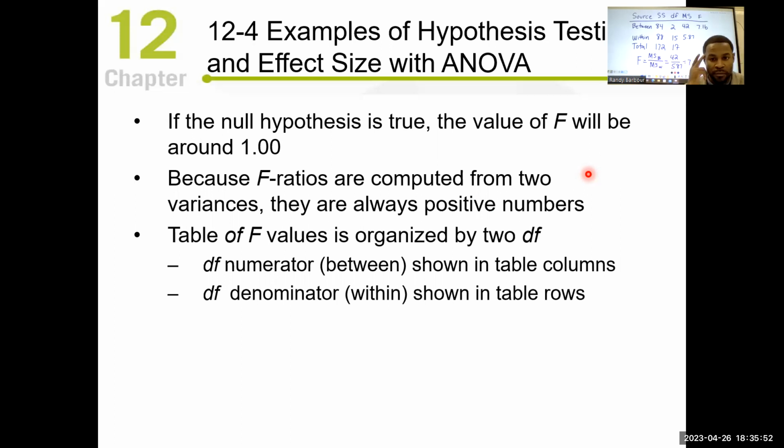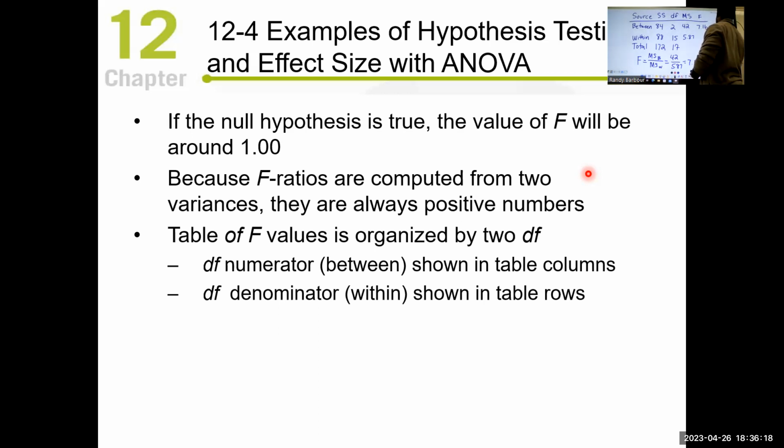When we talk about how we use our F ratio, the table of F values is organized by 2 degrees of freedom. I'm going to put it up here. We have a degree of freedom for our between and a degree of freedom here.